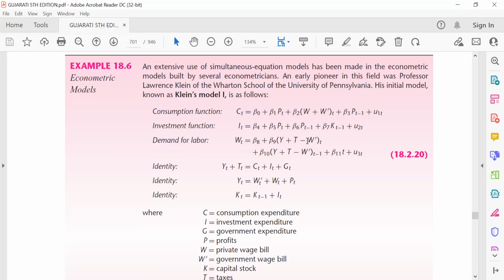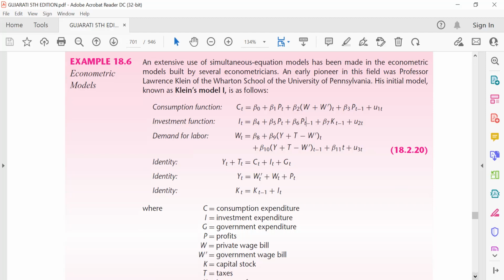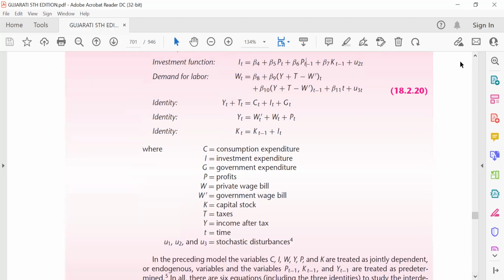Okay, we have the demand for labor equation here. It's determined by Y, income, T, tax, W prime, government wage bill, plus this one, Y plus T minus W prime for the previous period, and T, okay, here beta 11 plus T. Okay, T is time.